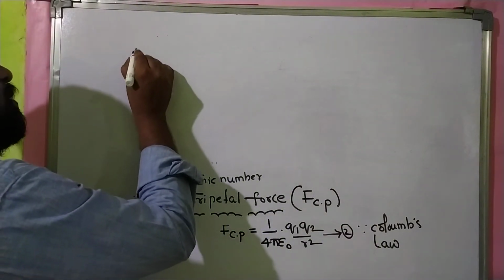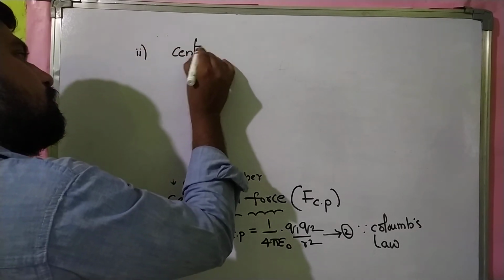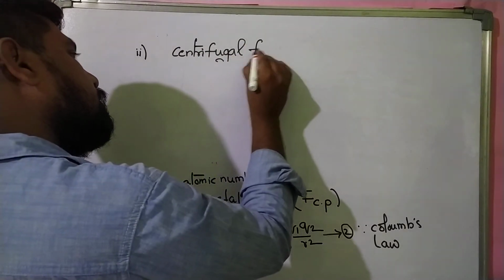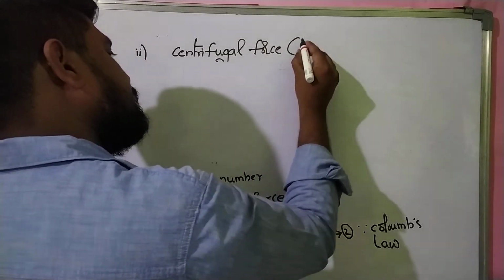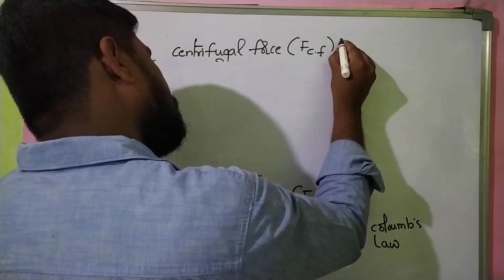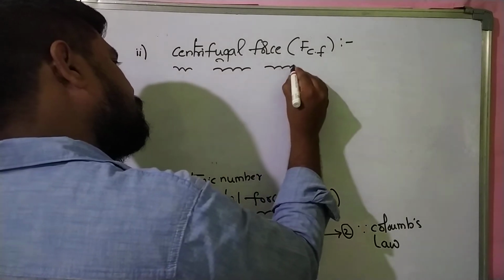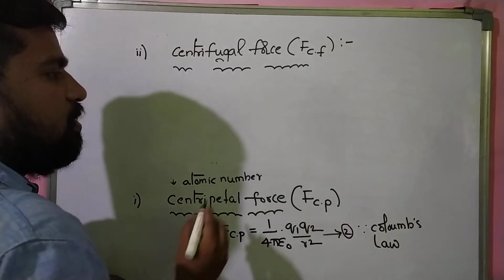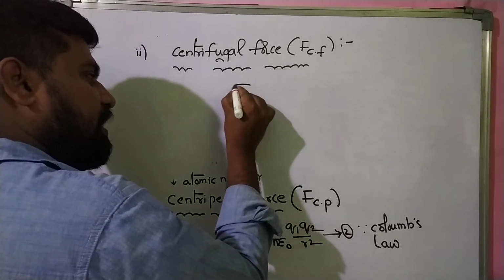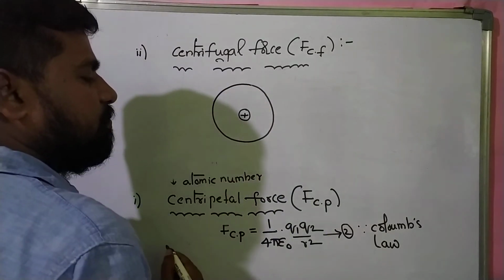Now centrifugal force. It is denoted by FCF. Very very important. So what is called centrifugal force? Listen everybody. So this is the nucleus. Now the electron is revolving around this nucleus.